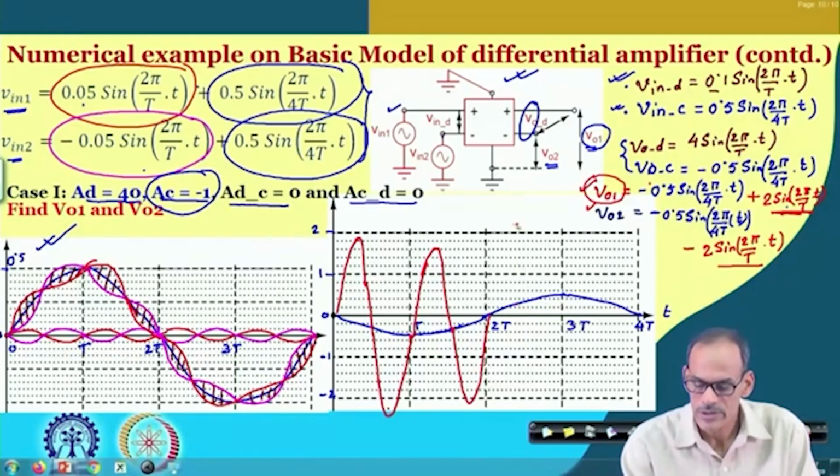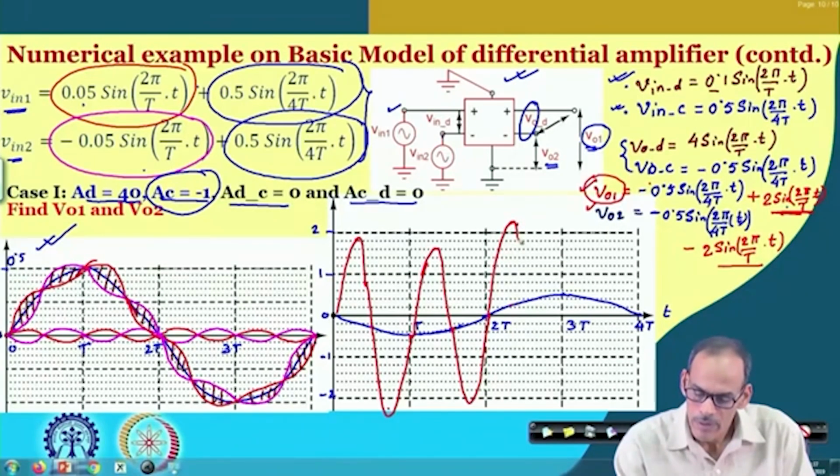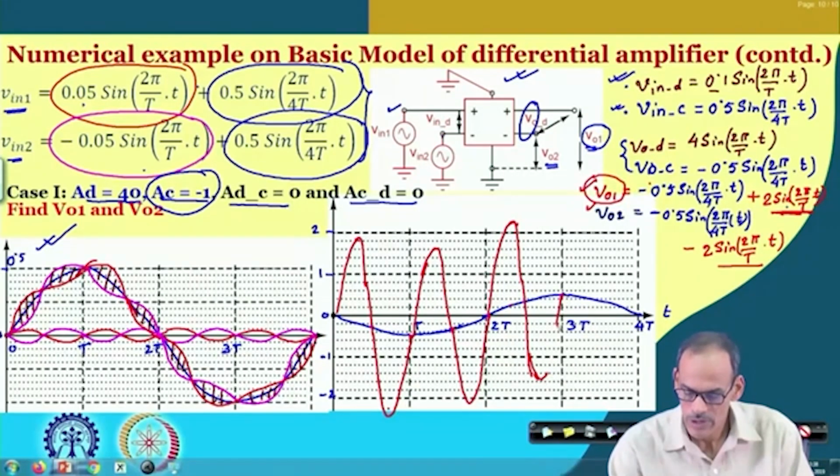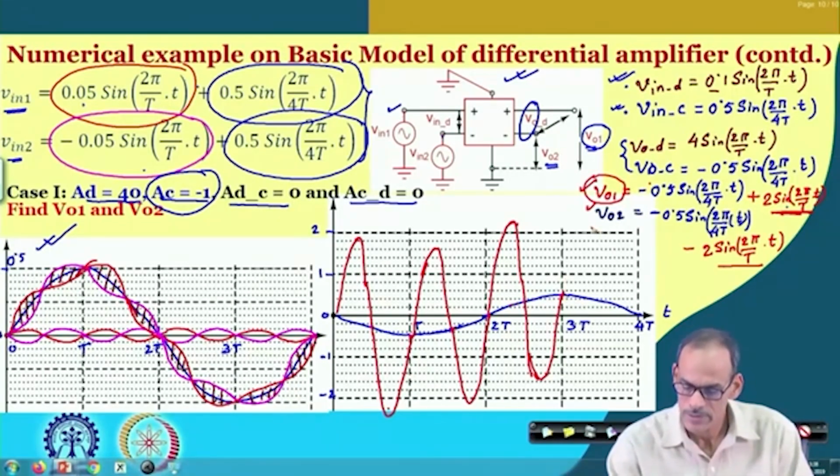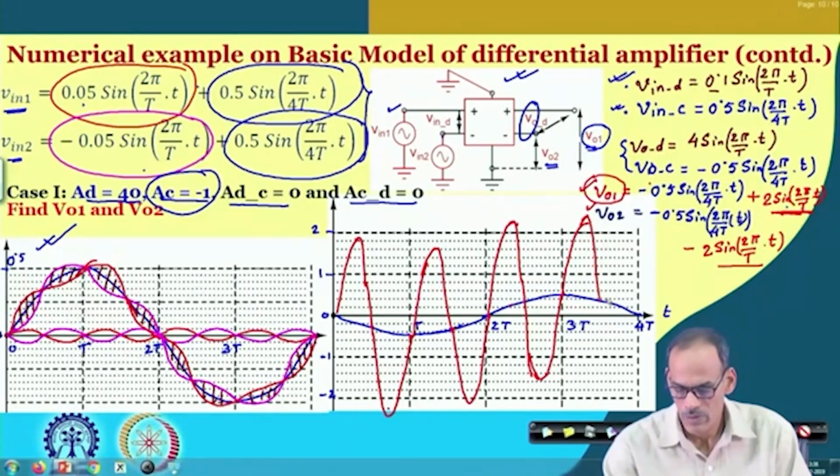And here, however, it is exceeding 2 volt, because we do have the common mode part. And here it will be less than minus 2, or rather it is having positive part.